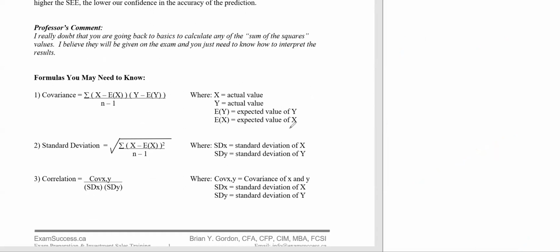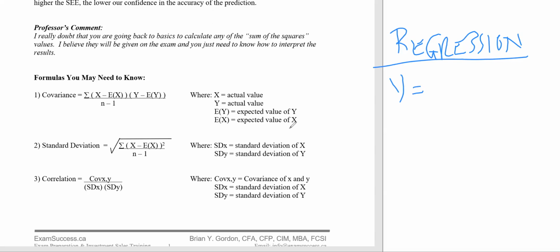And in terms of our regression, well, let's try to match this up. Remember, we're talking about an equation, y is equal to beta naught, the intercept, plus beta 1, the slope, times an independent variable.